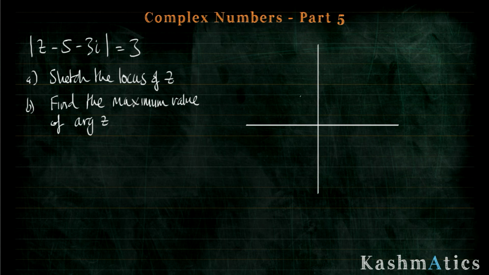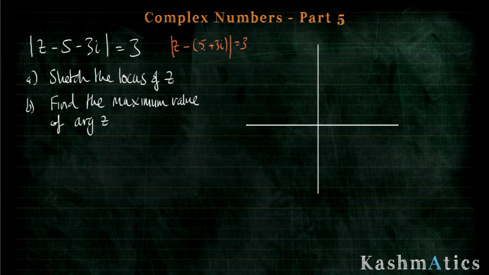Okay, so let's have a look at a more involved question. So this is how a question might be worded in a paper. The first bit is sketch the locus of z, and the second bit, find the maximum value of arg z. So I'm going to start this just like before. I'm going to express this as z minus (5 + 3i) equals 3.